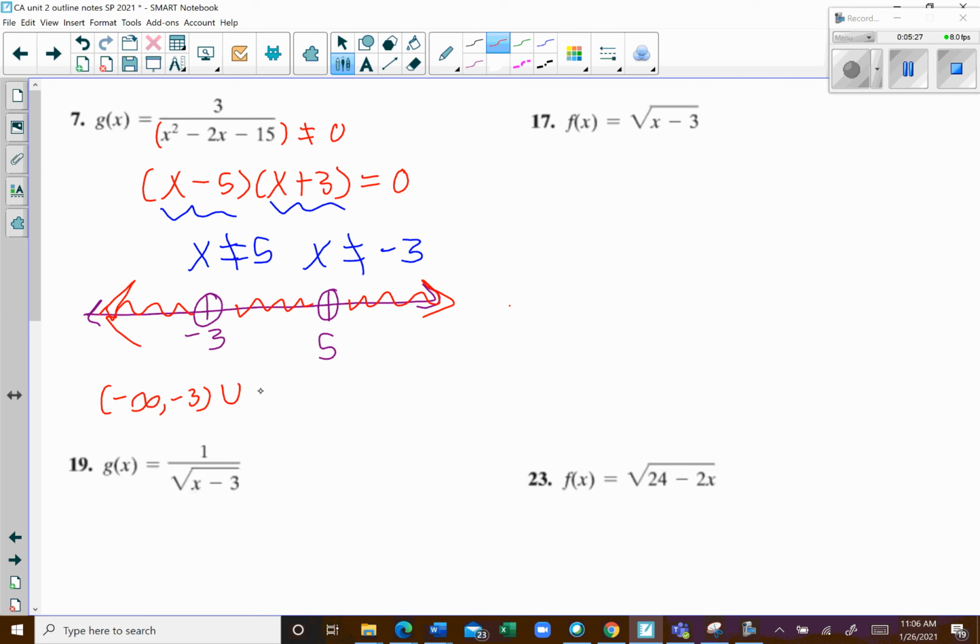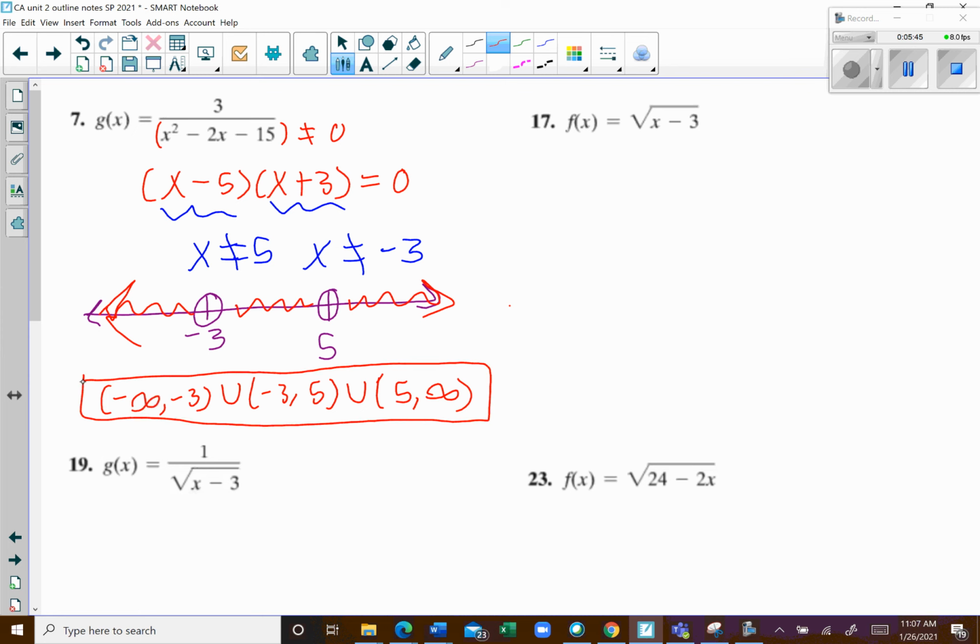We've got to use our union symbol. And then from -3 to 5. And then another union symbol from 5 to positive infinity. Okay? So this right here is how you're going to have to put your answer on the computer. So hopefully the visual can help you a little bit there.